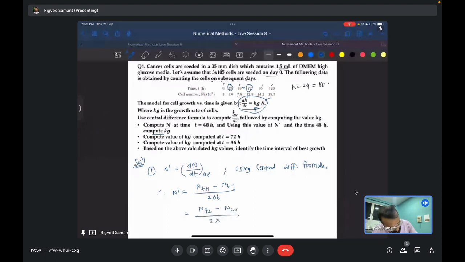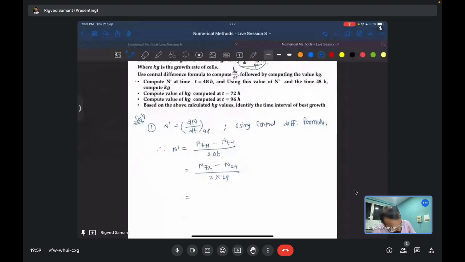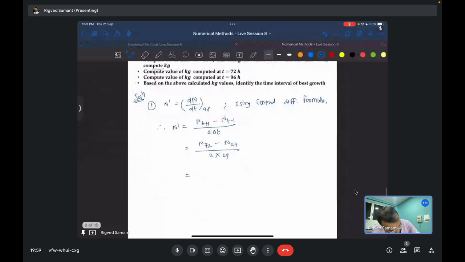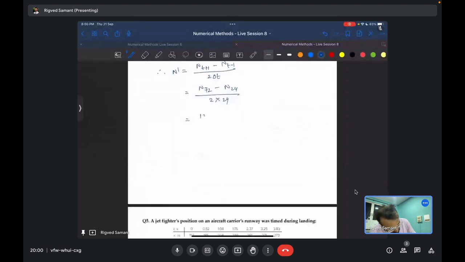If you substitute those values, n of 72 is 12.5 and n of 24 is 3.6. So 12.5 minus 3.6 divided by 48 is 0.1854 per hour.